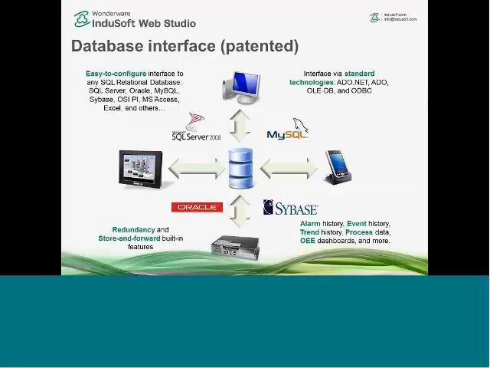It could be an Oracle database, Sybase, FoxPro, MySQL, or historians such as OSI Pi. I think GE even has a historian. So we can get to those SQL type databases, and on some occasions even SAP can use SQL as well. Or you can treat Microsoft Access or Excel as databases if you want.